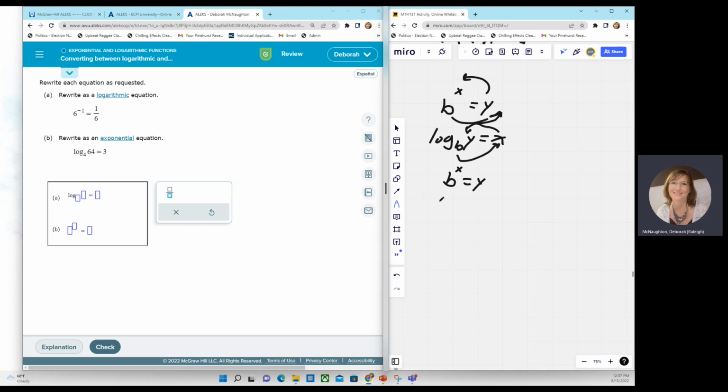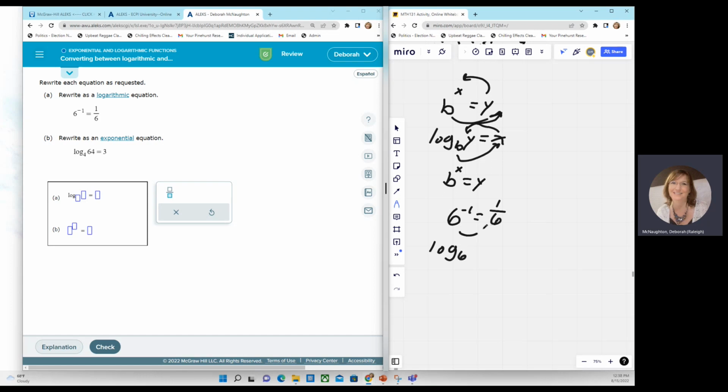All right, so let's use what we just did to solve this. They want us to rewrite 6 to the -1 equals 1/6 as a logarithmic equation. So we're going to use the 6 here as our base. So that's log to the base 6.